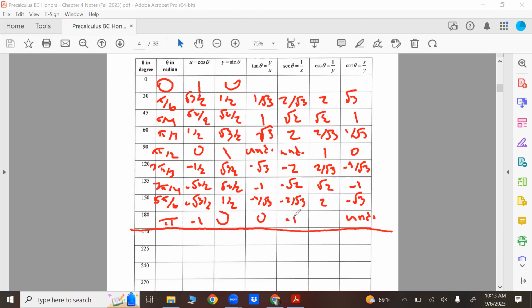And of course, that's -1, that's 0. Nope, undefined. There we go. And up top, I didn't do this, but that's 0. That's 1. Undefined. Undefined. Okay, I'm not going to make you guys do the rest. You guys get the idea.